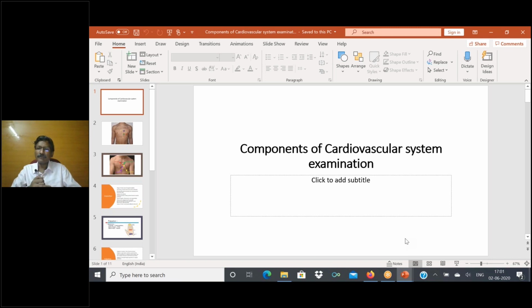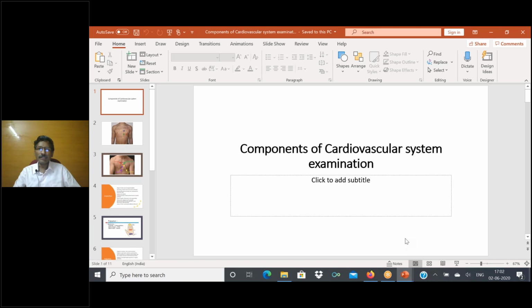Were you able to appreciate the pulsation in more than one intercostal space? In that video, there will be pulsation in 3 places: left 6th space, left 5th space, as well as epigastric region. So it's a very nice video showing pulsations over the precordium.